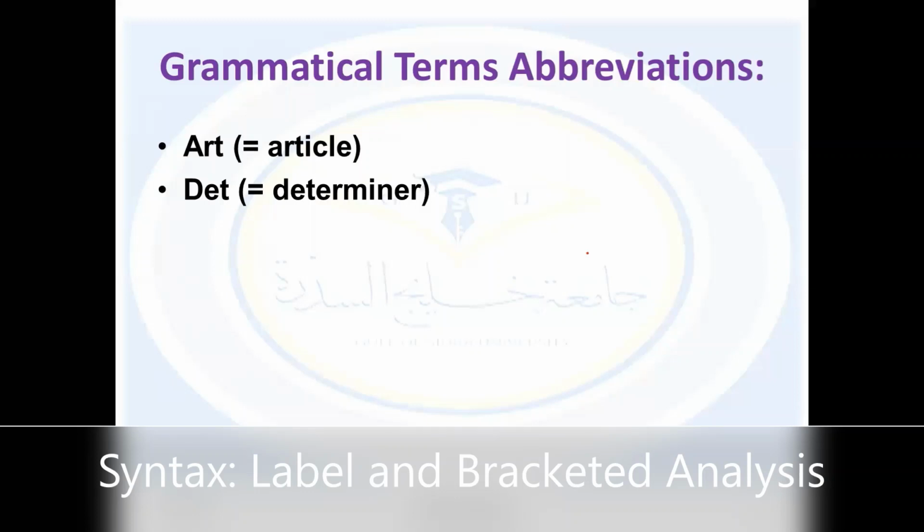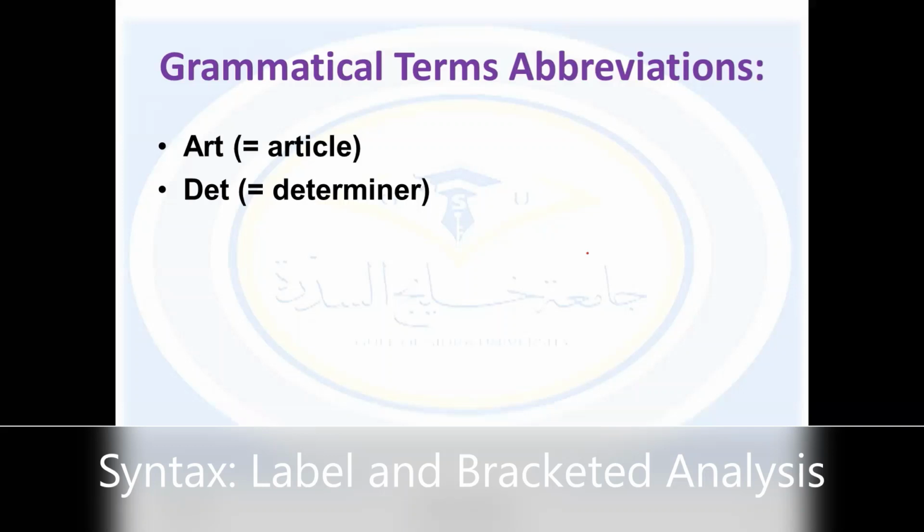Determiners also include enumerators, and we have two types: enumerators connected with numbers, cardinals and ordinals. Cardinals means 1, 2, 3: we can say 1 student, 2 students, 3 students. And ordinal means order: first, second, third. The first student was Ahmed.